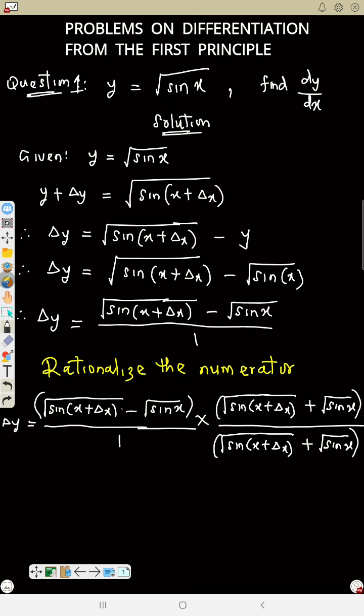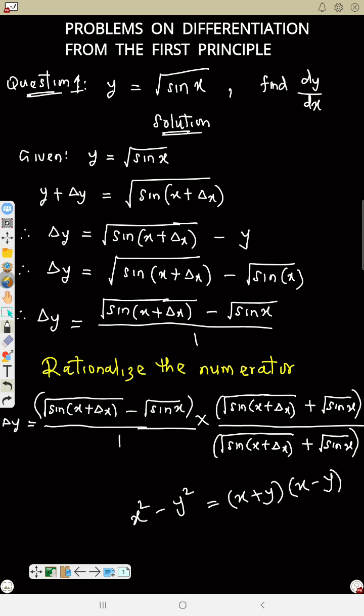Now multiply the upper one. This upper one is a difference of two squares. What is the difference of two squares? You know, x squared minus y squared is equal to x plus y times x minus y.